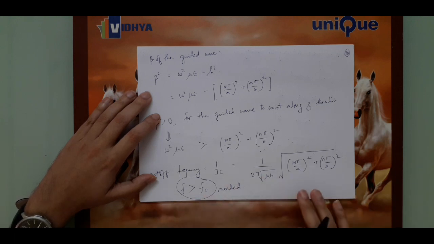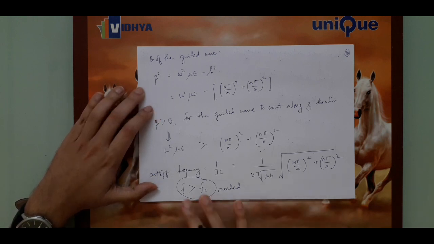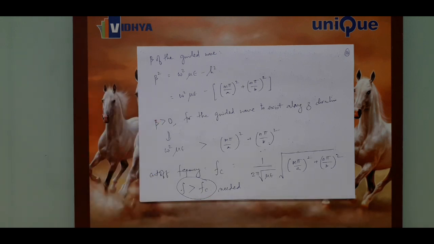That means all possible frequencies cannot be passed, and the wave will travel with a velocity that is not equal to its intrinsic velocity. But in the case of parallel plane waveguide, there was a case when there was no dispersion and that was the TEM mode of propagation. That is something very ideal.